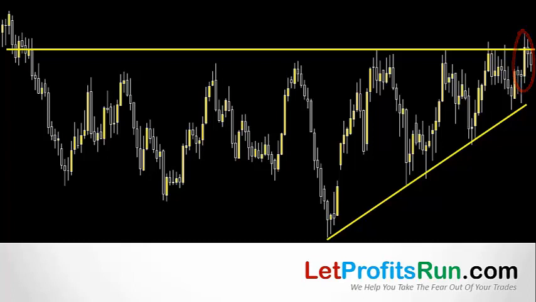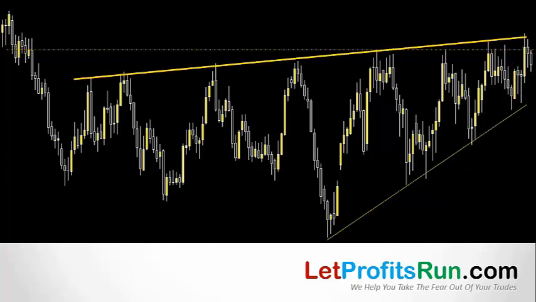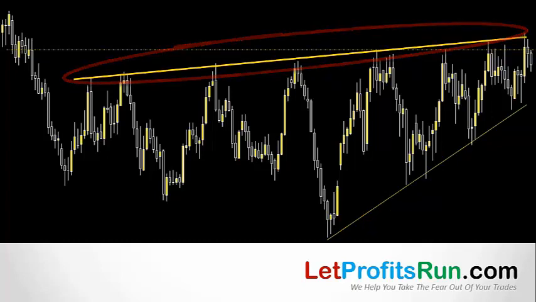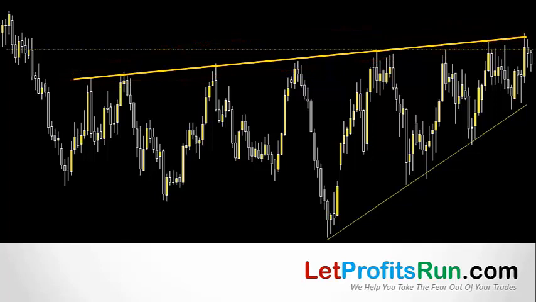Notice how much the story now changes after we've added in another trend line here. If you look at this trend line, it does a better job of capturing the market movement. You see all the points that price is respecting on this trend line.